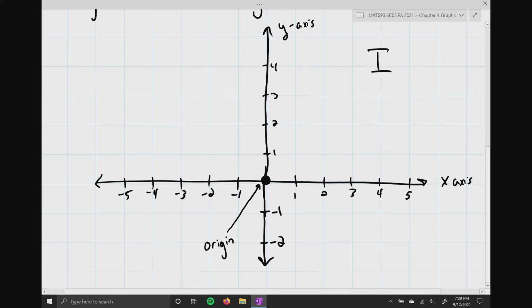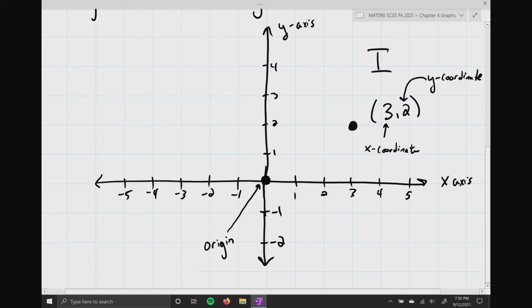It's called quadrant 1. And what's really interesting about this is that when we go ahead and plot a point, let's say we plot this point right here. This is called the point 3, 2. All points will always have 2 things in common. First, it'll have the x-coordinate listed first, and then the second number is called the y-coordinate.